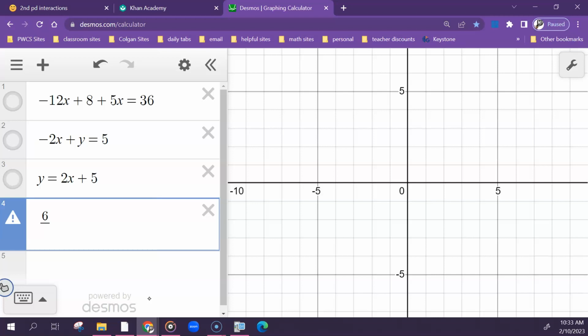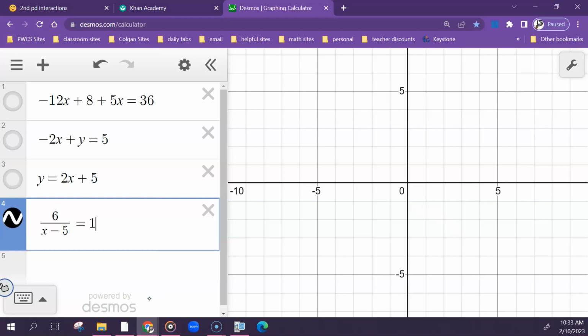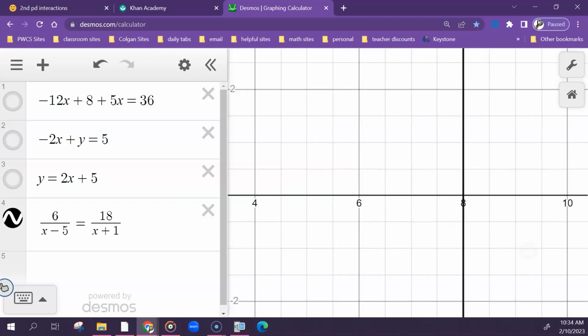X minus 5 equals 18 over x plus 1. So just like the last one, it'll give you some vertical line that'll tell you what your x is. The only difference with this one is you may need to zoom in to figure out exactly what it is. Now this one's kind of big, so you can even see that that's 8, but just to make sure.